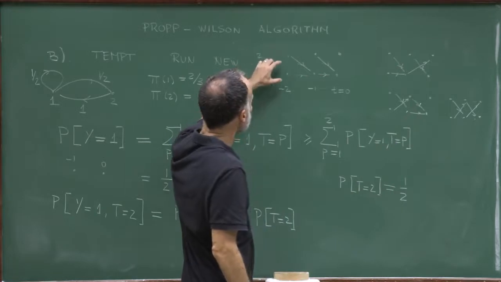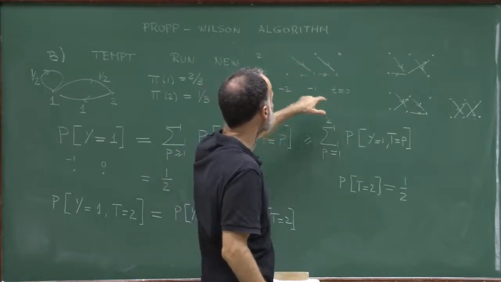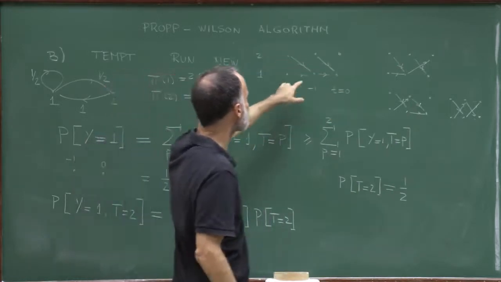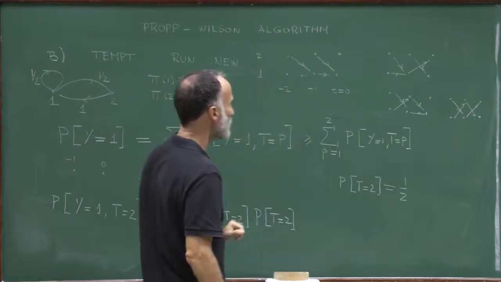You see that each of these possibilities has probability 1/4, because each of these arrows has probability 1/2.